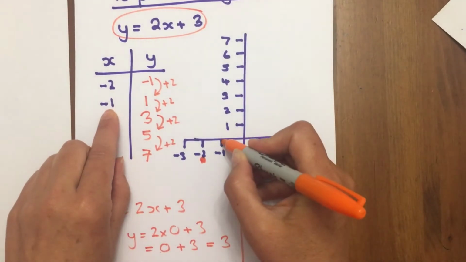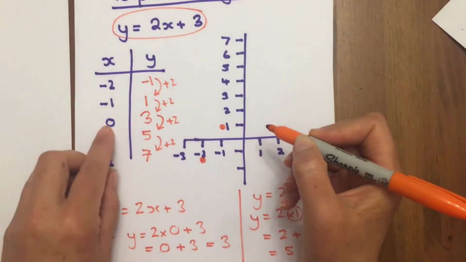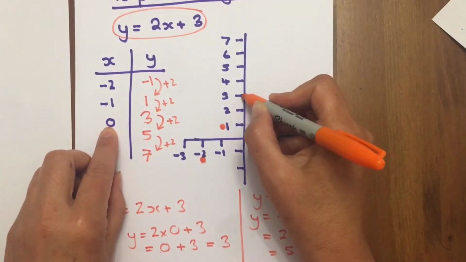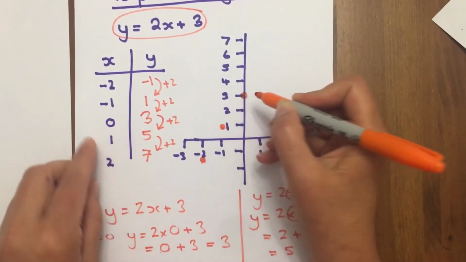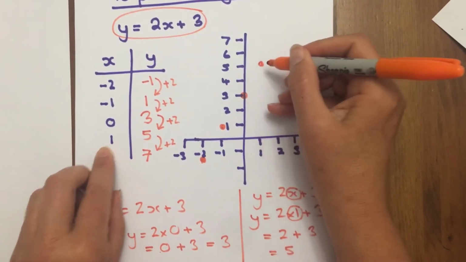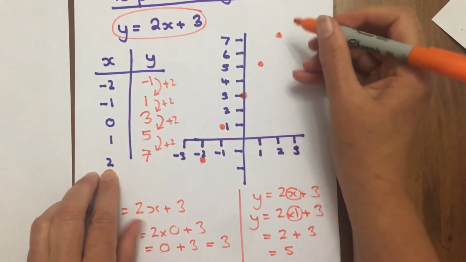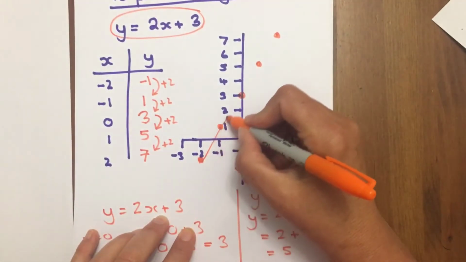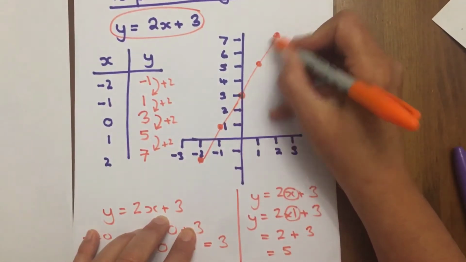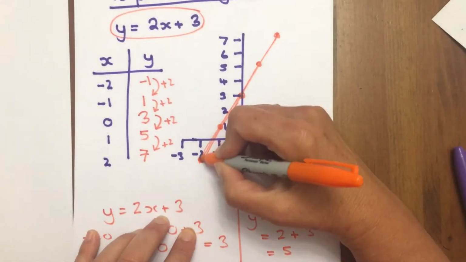When x is -1, y is 1. When x is 0, y is 3. When x is 1, y is 5. When x is 2, y is 7. And with a ruler, if you had one, you draw your straight line.